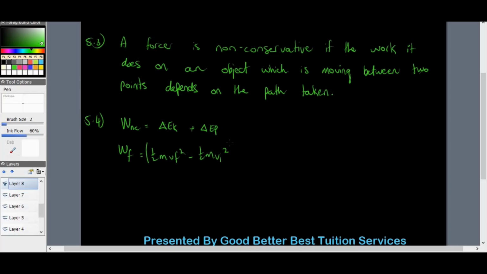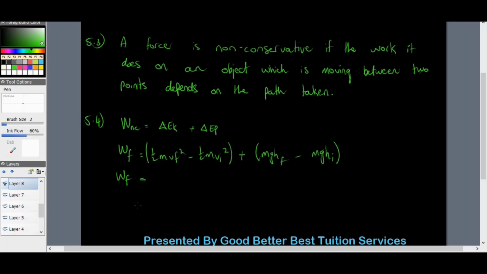I'm going to bracket this for neatness, plus mghf minus mghi. That's how far we need to expand, and we can begin to sub in our values.